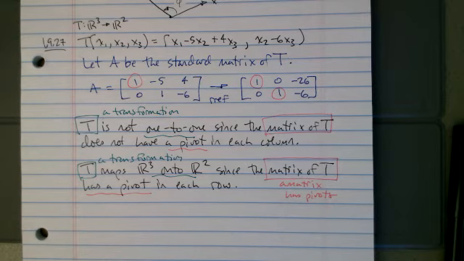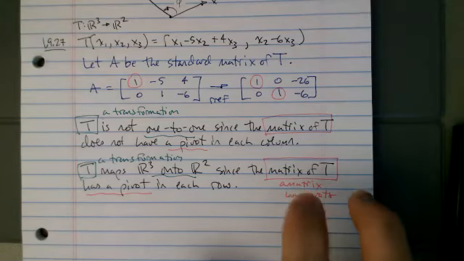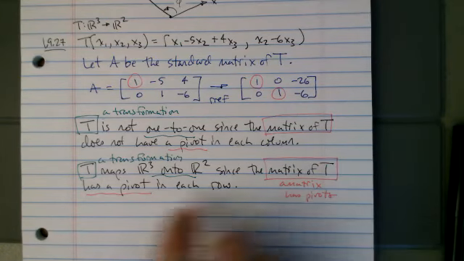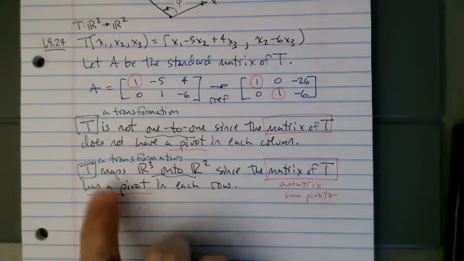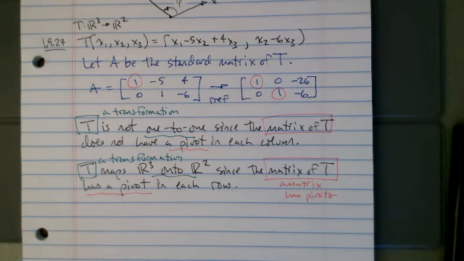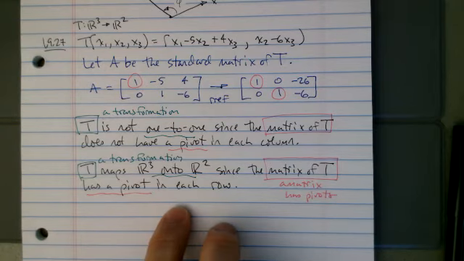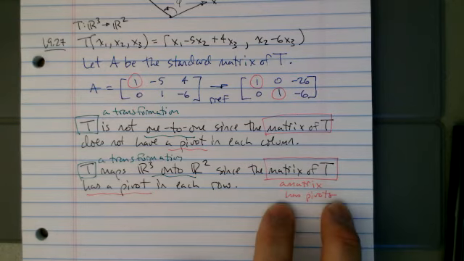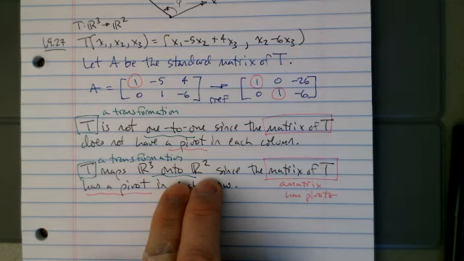More importantly than writing this sentence and making sure that we have a matrix of the transformation with the pivots, and then the transformation is onto, we have to make sure the words go together there. Look at all the other things that we get. So pivot in every row means the columns of the matrix span all of R2. And that's what it means to say that T maps R3 onto R2.